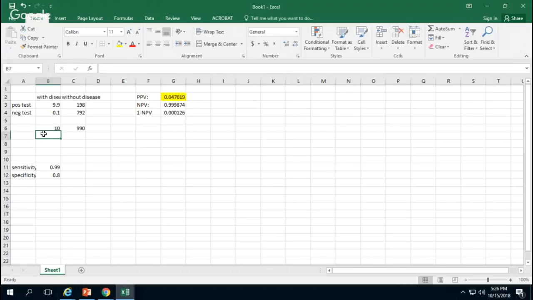Let's apply this to... okay, I'll put in prevalence here too. Prevalence equals 0.01. So then this equals 1,000 times B13, no, times 1 minus B13.